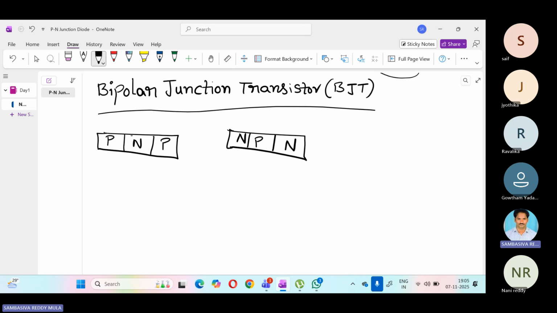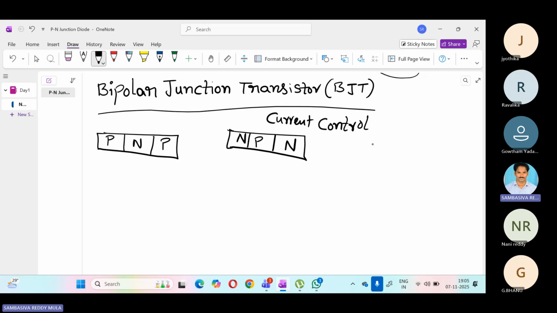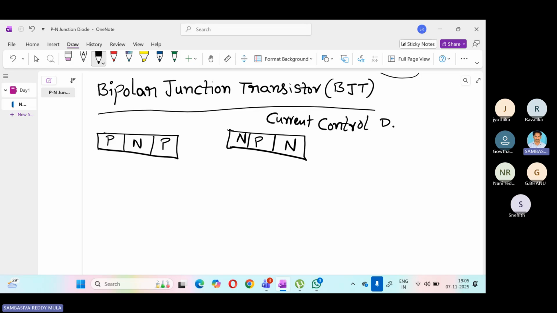BJT is a current controlled device. Okay, why? Because if you apply some input voltage, we get the output current. So that is the reason why the BJT is called a current controlled device. Further we will study voltage controlled devices like MOSFETs, the field effect transistors, whereas BJT is a current controlled device.